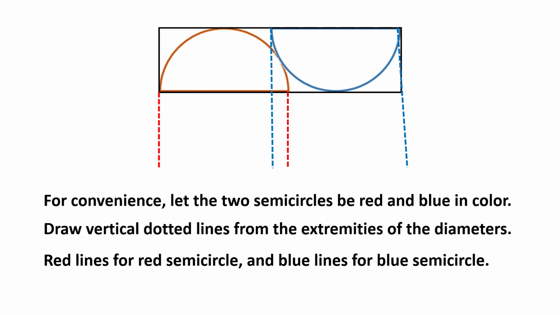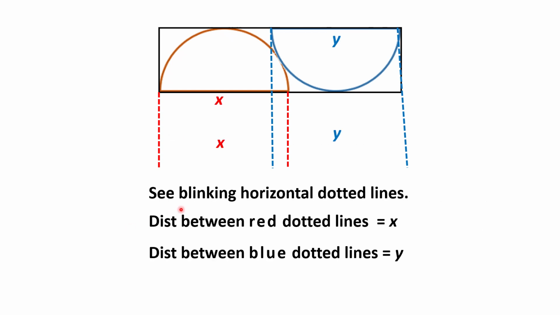Now let's see. So the distance between the red dotted lines is equal to x. You can see the two blinking horizontal red lines, horizontal, not vertical. The distance between the red dotted lines is equal to the diameter, that is x.